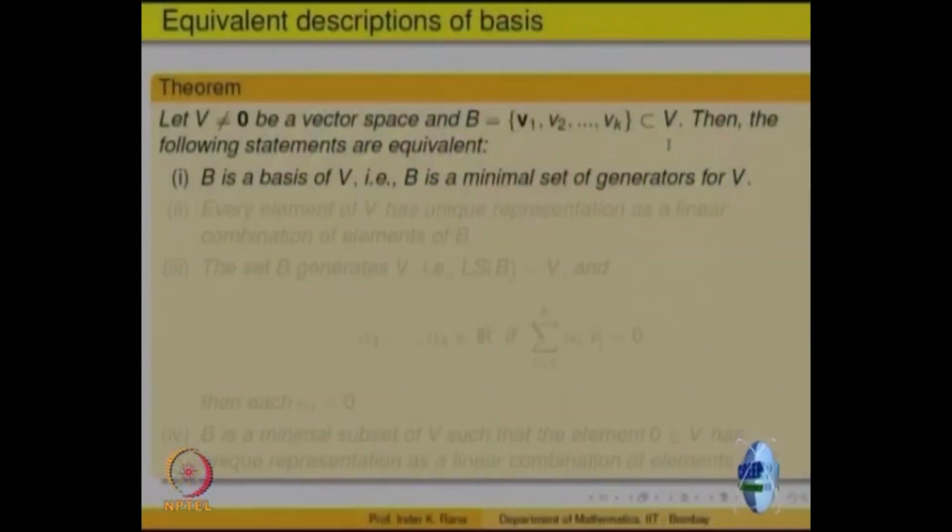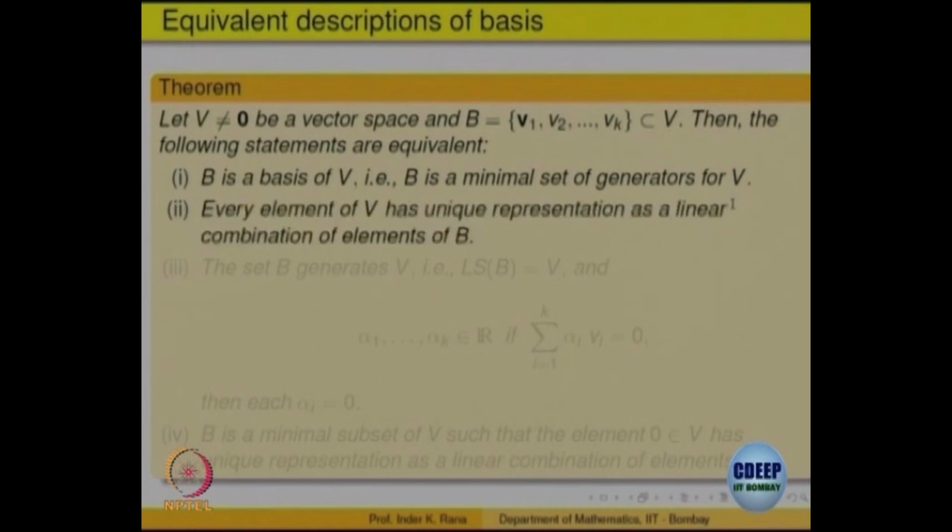So the first one is, B is a basis, that is, a minimal set of generators, and we are going to show it is equivalent to saying that every element v of the vector space V has a unique representation as a linear combination of elements of B. Let us prove that.